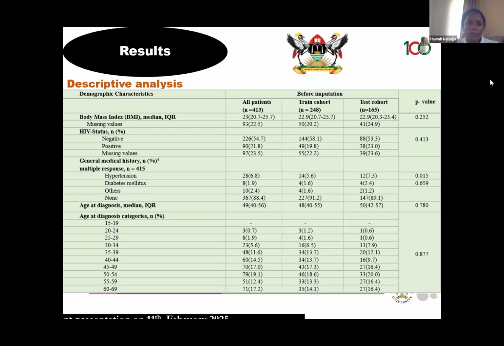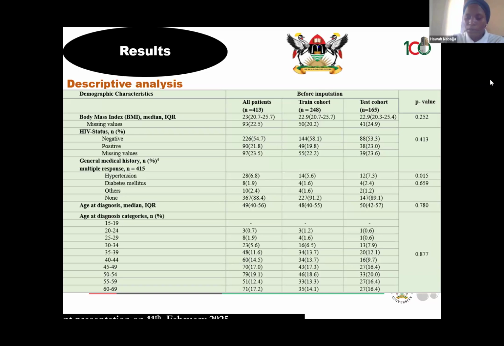So this is the descriptive, whereby you see that most of the patients had missing data on the body mass index. Then 53% of the patients were HIV negative. Then for age at diagnosis, between the ages of 59 to 69 most of the patients were aged.